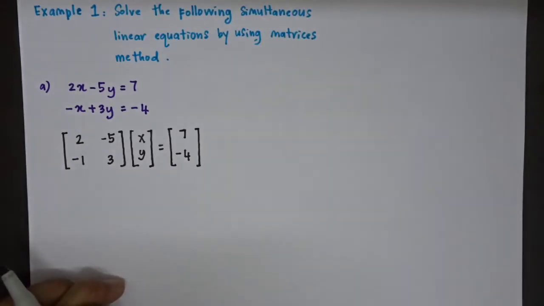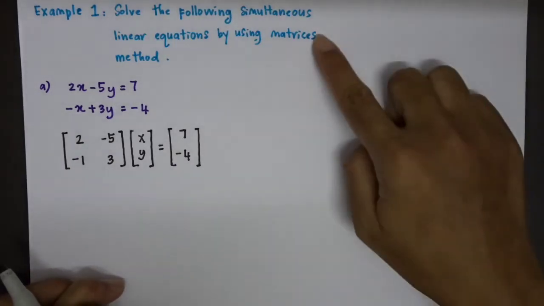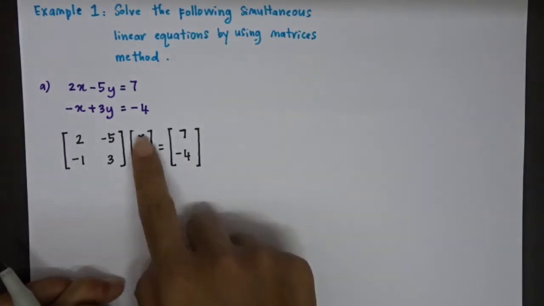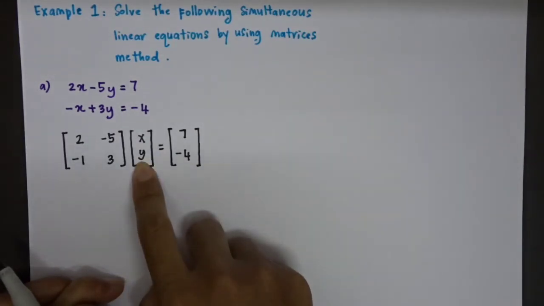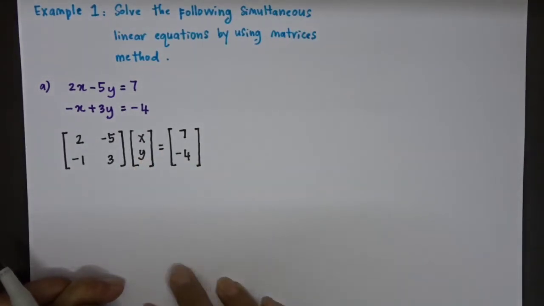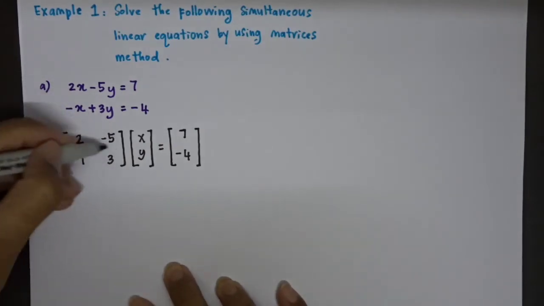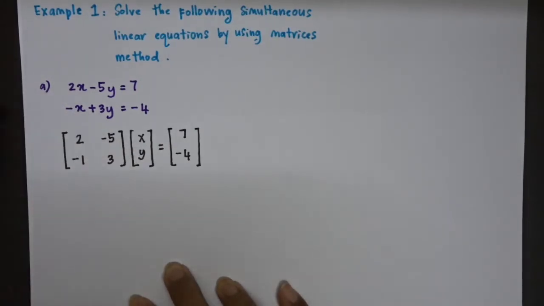Okay, so you know that in simultaneous linear equations, you try to find the value of x and the value of y. So you bring this matrix to the right hand side, so it becomes the inverse matrix.